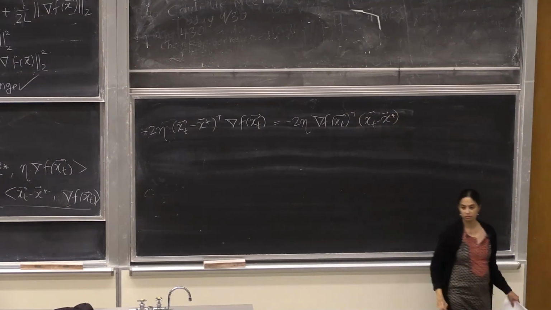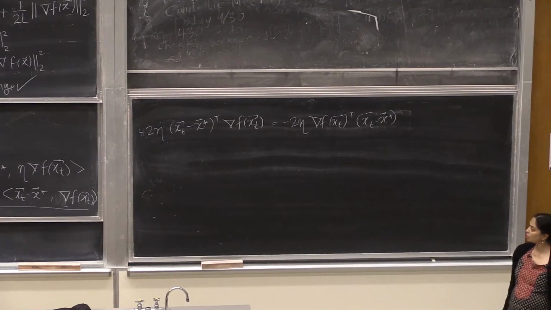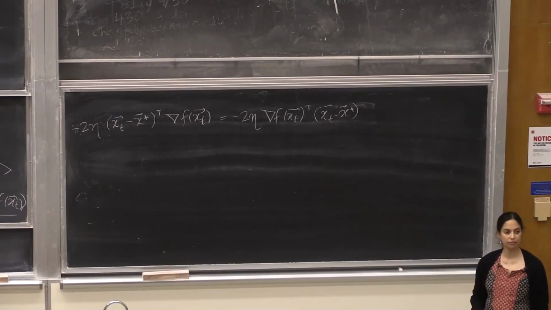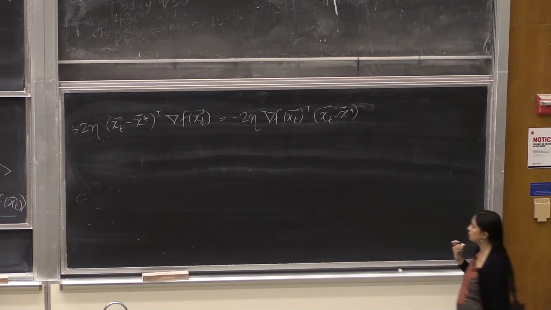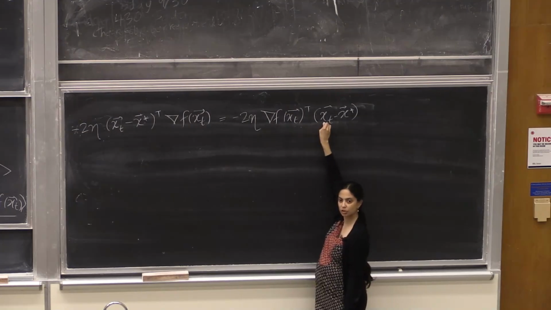Yeah? So how does this connect to the mu strongly convex definition, and how can you pull that in? How can you use that now? Do you see a term that looks like this in the mu strongly convex definition?